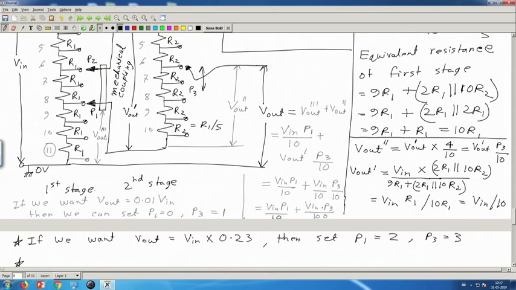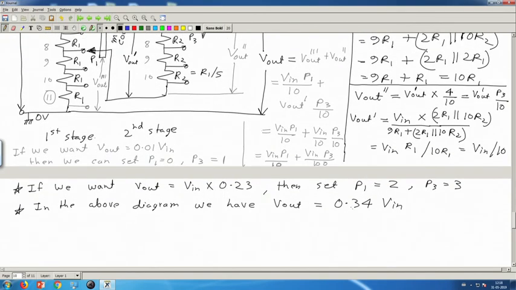Therefore, in the above diagram, we have V out equal to 3 and 4, so 0.34 Vin. So you can get any decimal fraction of Vin this way.